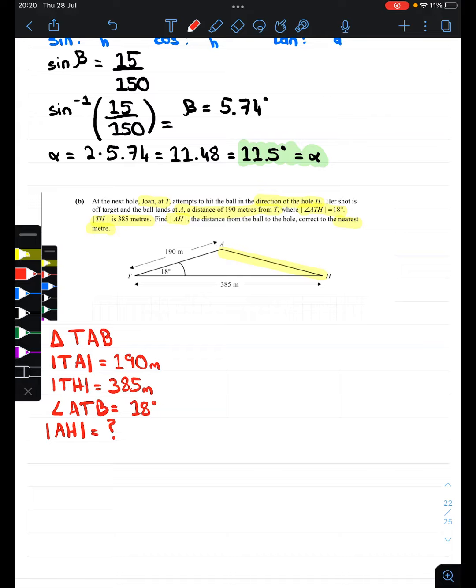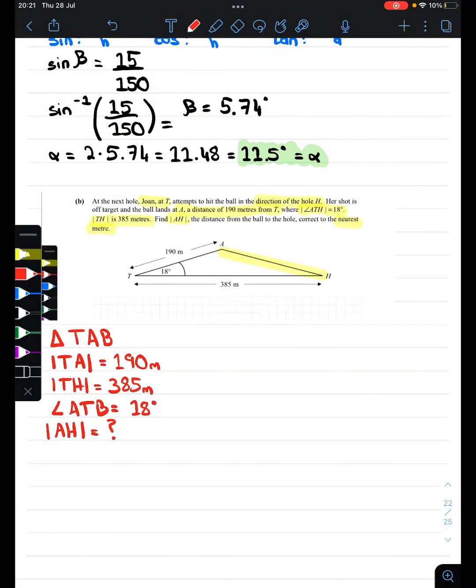Okay, so we have a triangle. We don't know if it's a 90-degree triangle. Maybe it is. Probably doesn't look like it. And we want to find the length of one side given two sides and an angle. Well, what can we use for this?